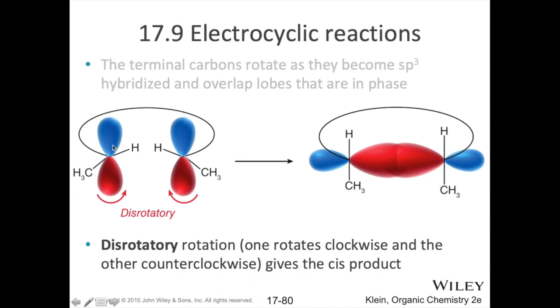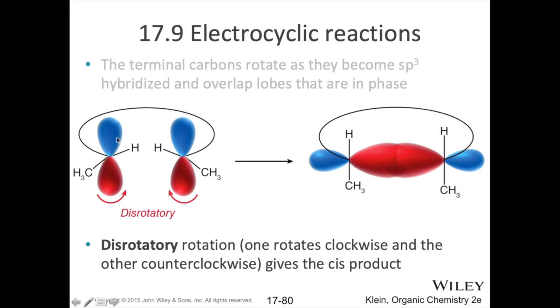Well, if they are lined up in the same phase like this, okay, as you can see, both have blue on top, red on the bottom, or if they were vice versa, we have what's called a disrotatory rotation. Okay, basically one of them turns clockwise and one of them turns counterclockwise or anti-clockwise, and in doing so, the red lobes overlap.